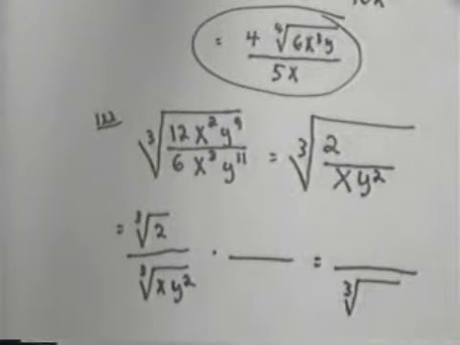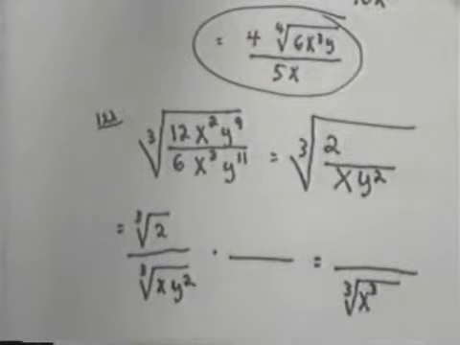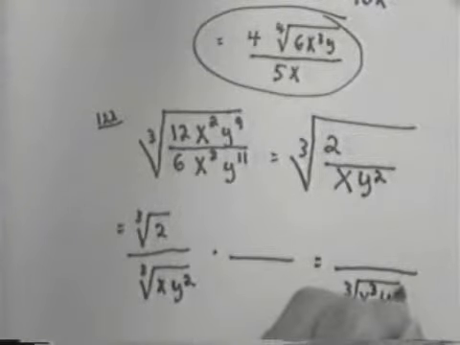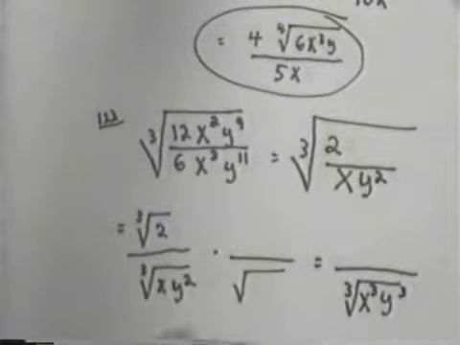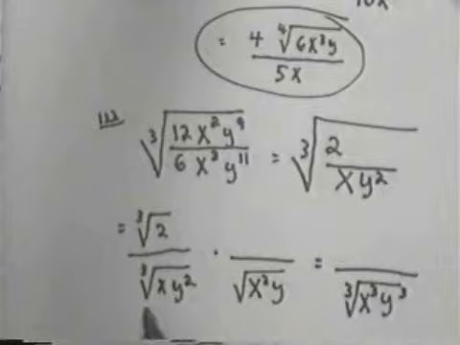That's the only way you can get rid of the cube root. Now if I have x, that means I've got to multiply by something to get x cubed. I have y squared, so I've got to multiply by something to get y cubed. What do you multiply x by to get x cubed? What do you multiply y squared by to get y cubed?